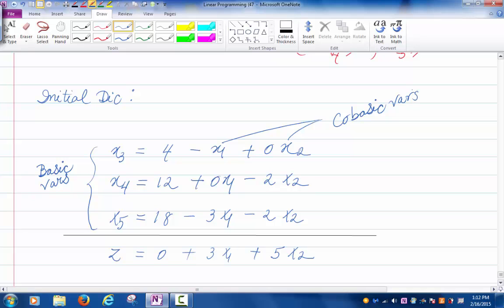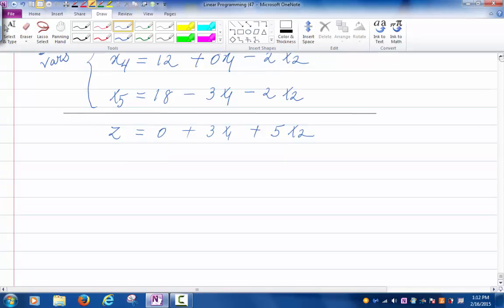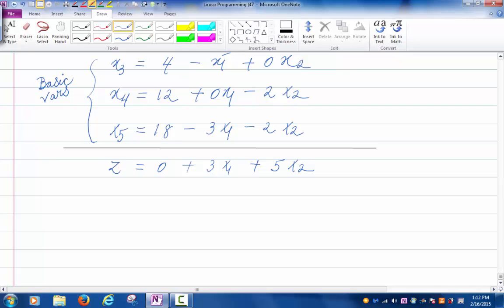Now each dictionary has an associated solution. What is the solution associated with this dictionary? How do we find the associated solution? We set non-basic to 0, solve for basic. So if I do that, x1 would be 0, x2 would be 0.